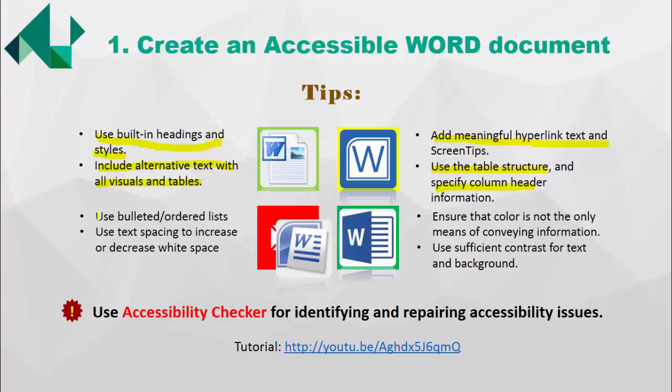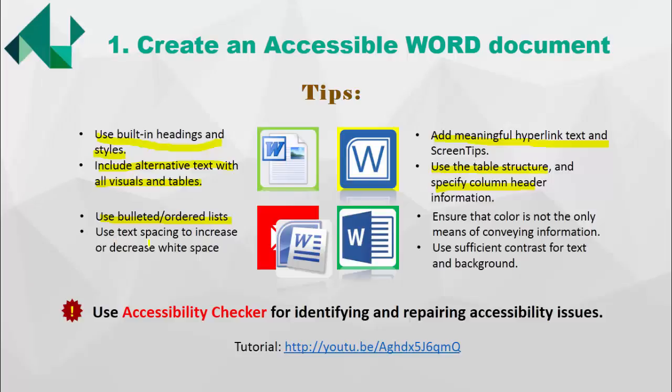Next, use bulleted or ordered list. Don't input 1 point, 2 point to specify the order for the list. And next point is about the text spacing. So use text spacing in paragraph in the pop-up window of a paragraph to increase or decrease the white space.